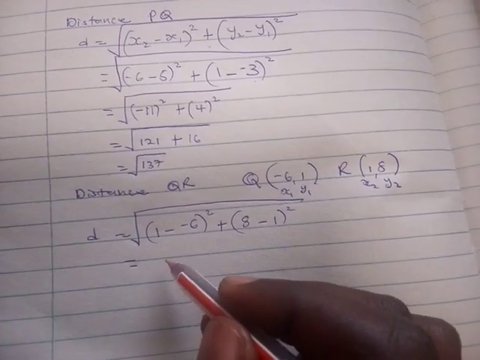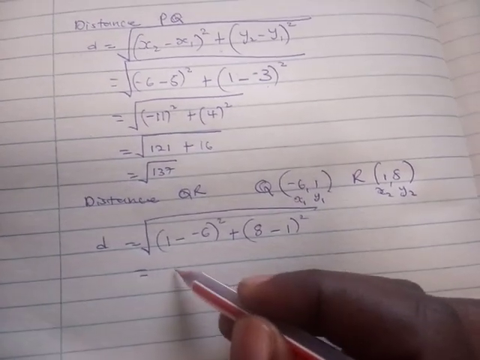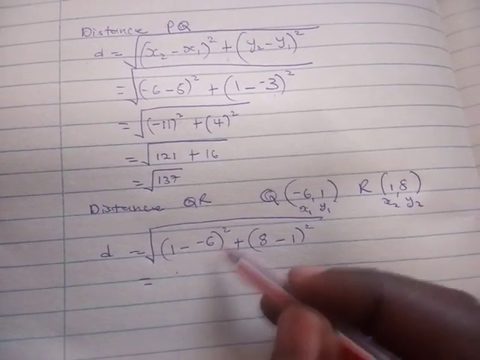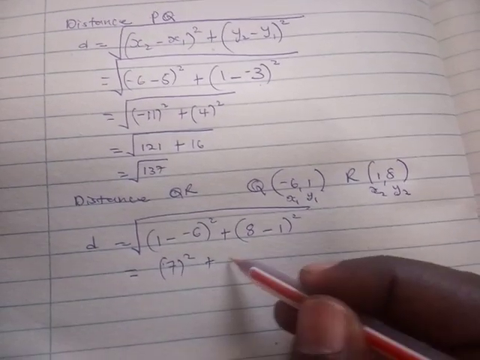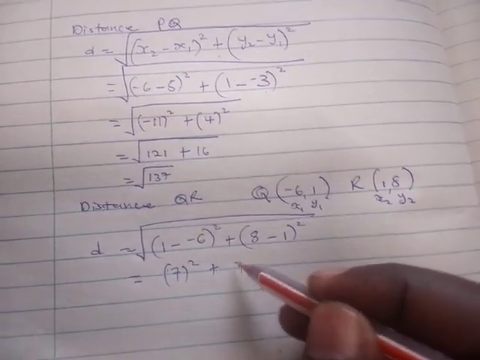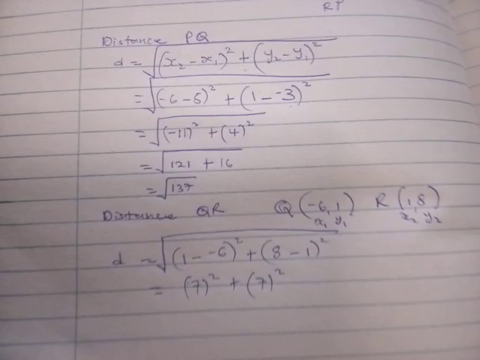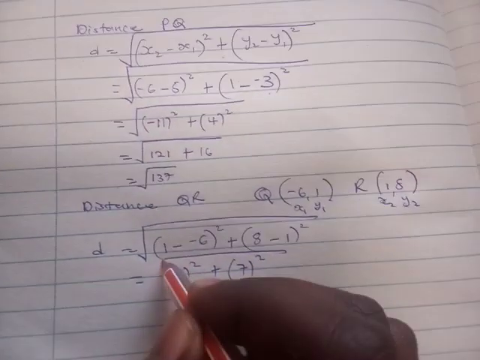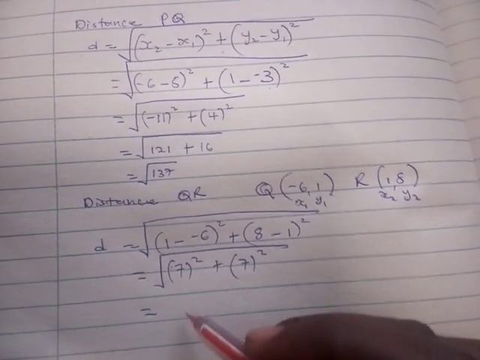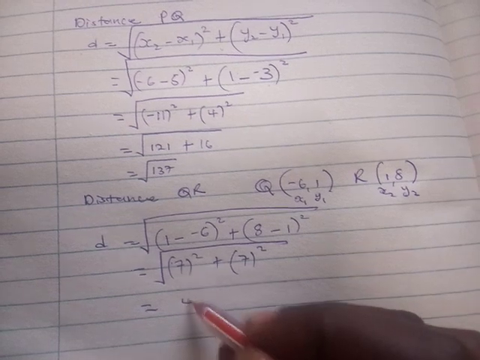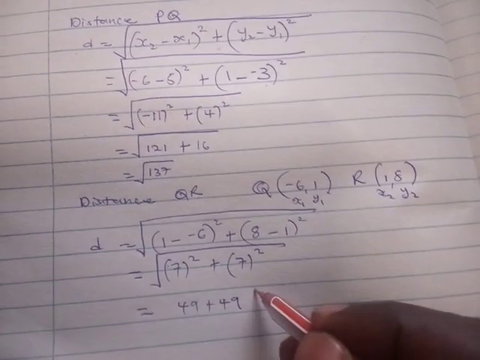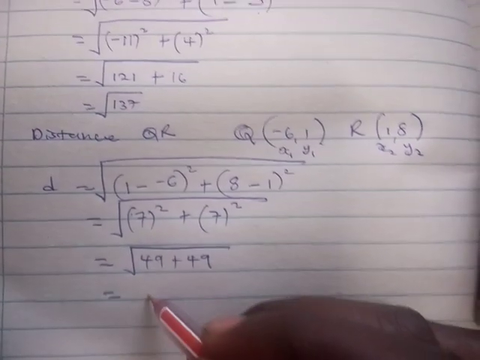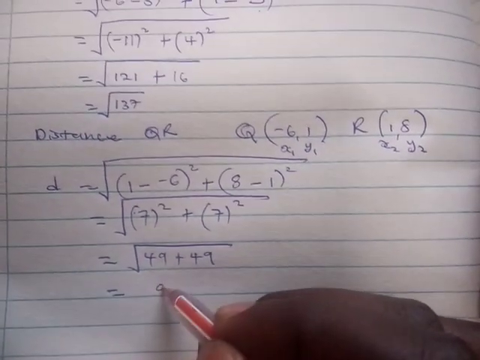This is 1 plus 6, which is 7 squared, plus 8 minus 1, which is 7 squared, under a root. This gives us 49 plus 49 under a root. So the answer is root of 98.